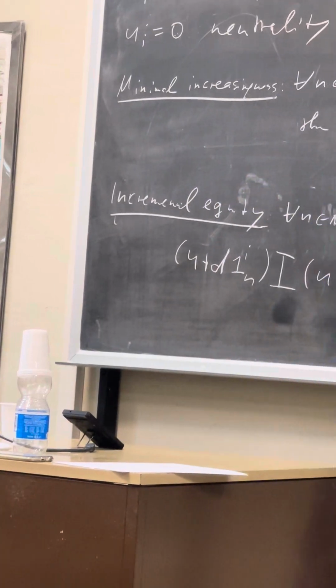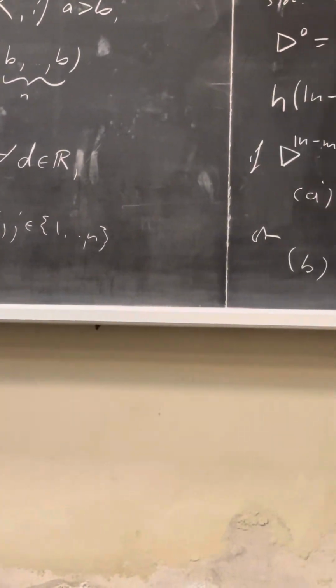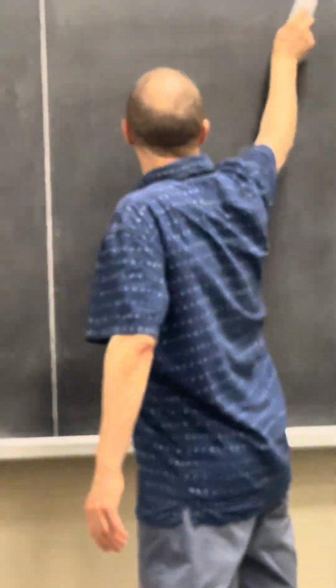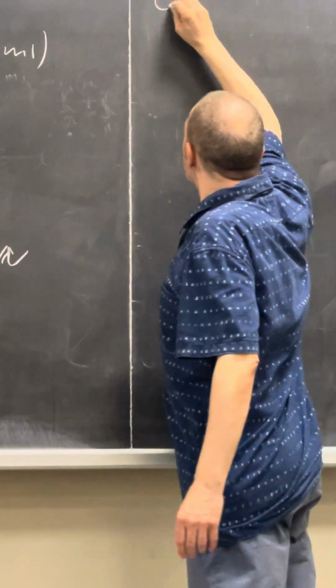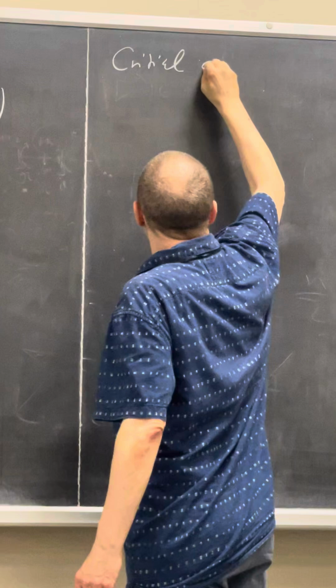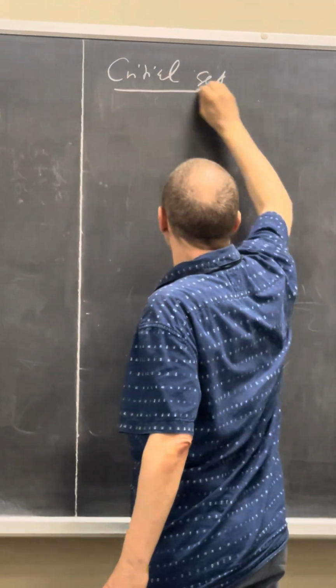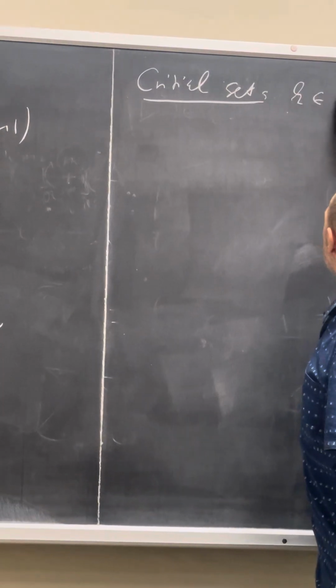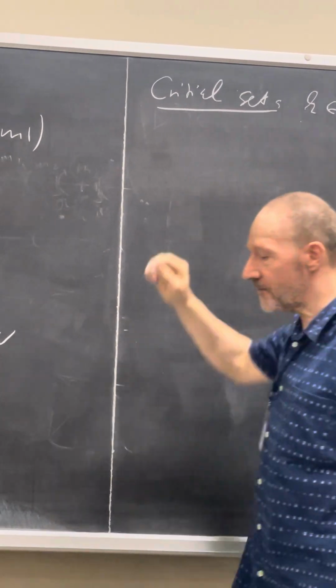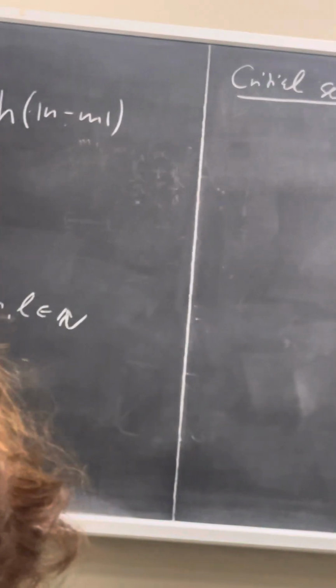Then we have 2 axioms or properties that explicitly deal with variable population considerations. And we use what we call critical sets. Take any positive population size difference k.